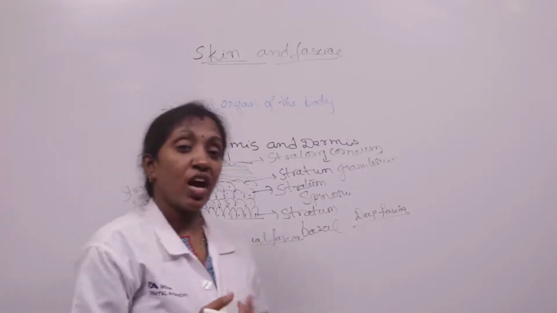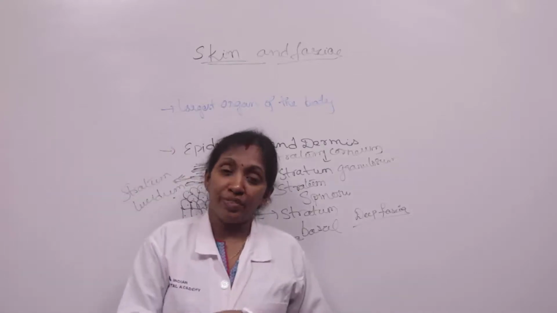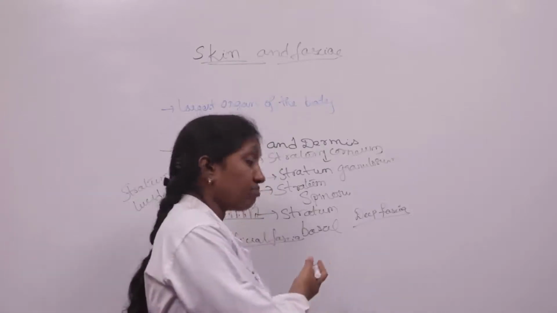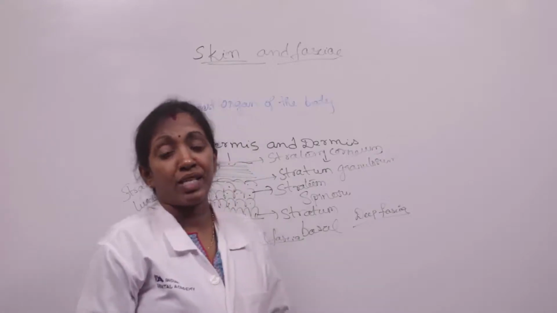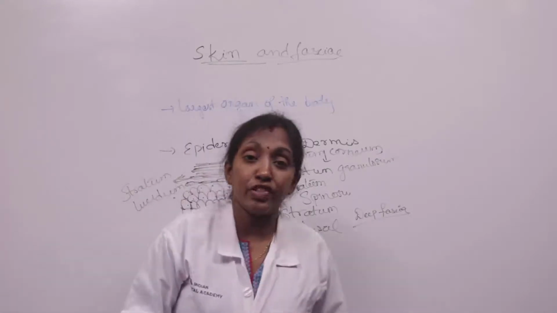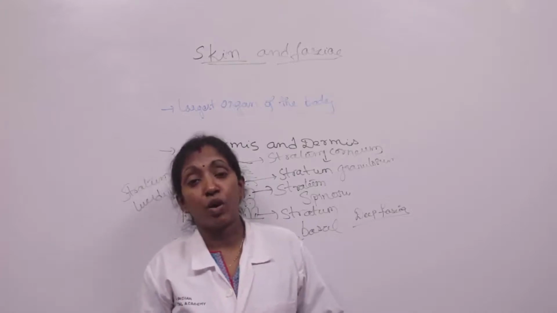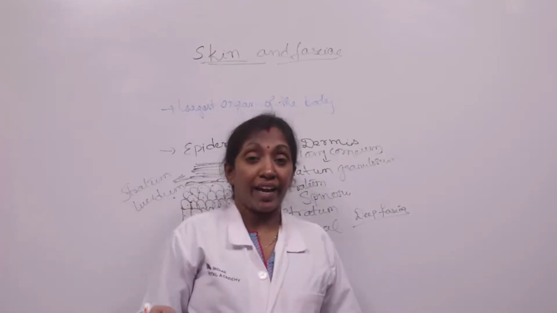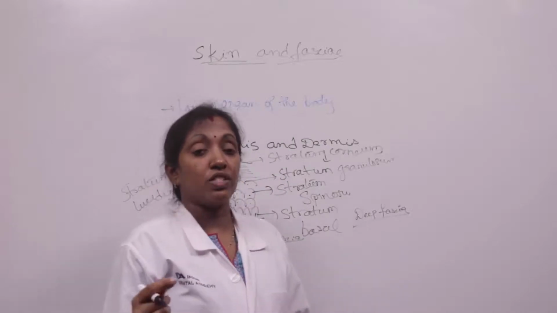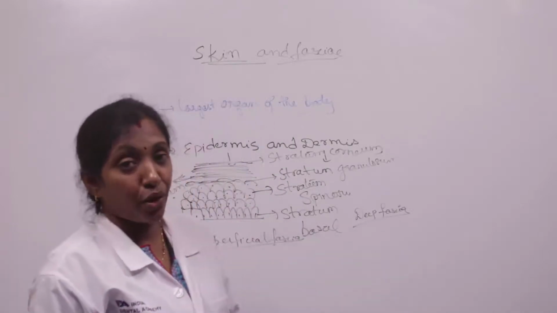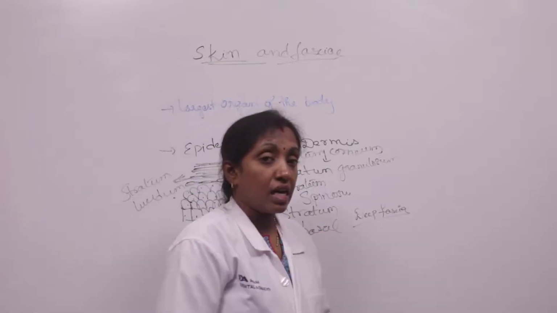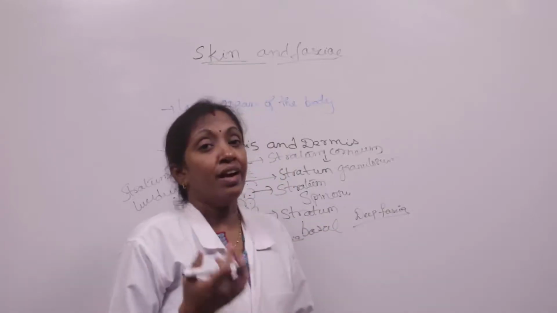So the deep fascia covering the muscles is called epimysium, perimysium and endomysium. The deep fascia also surrounds the nerve fibers, called epineurium, and the one surrounding each nerve fiber is called endoneurium. These are the different modifications of the deep fascia.